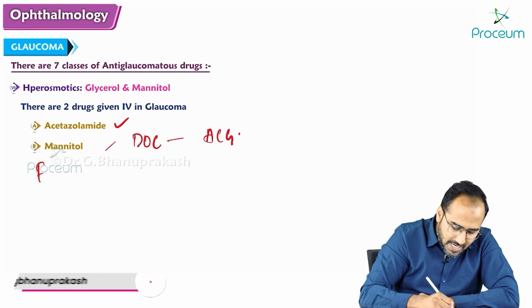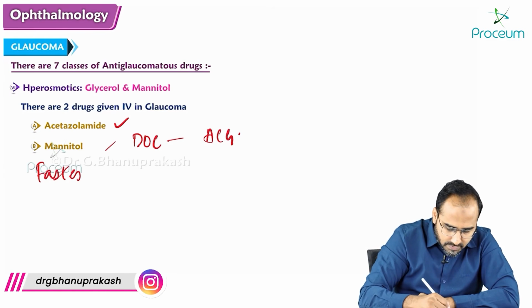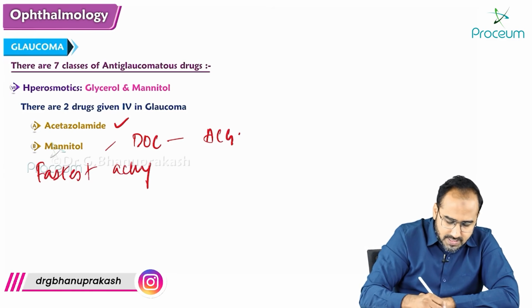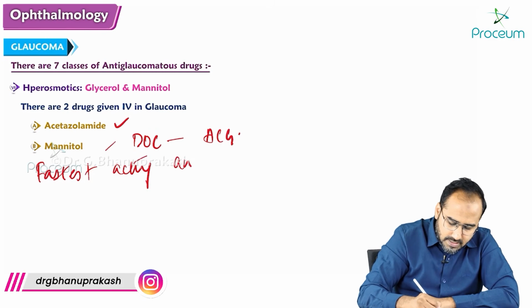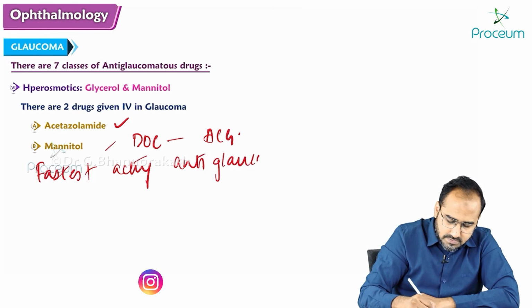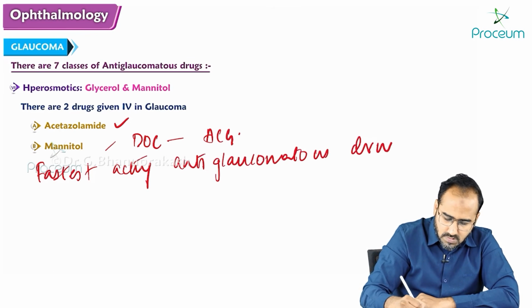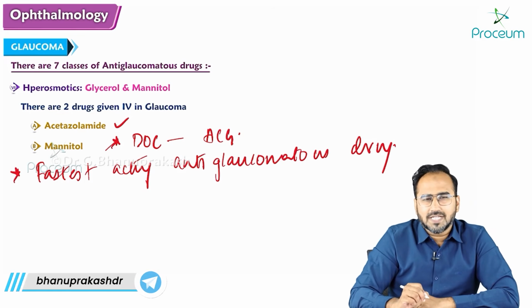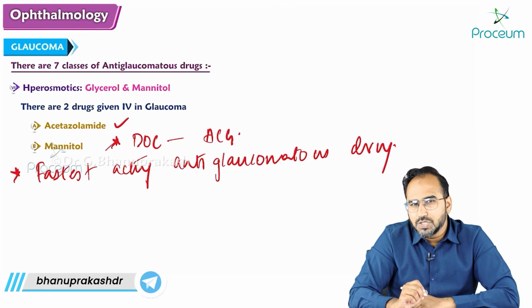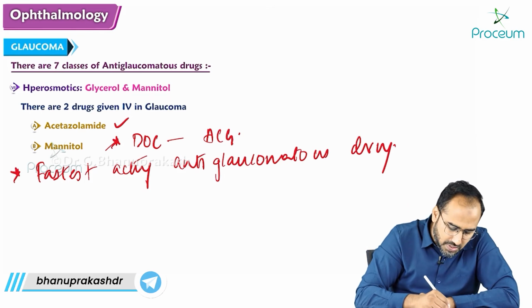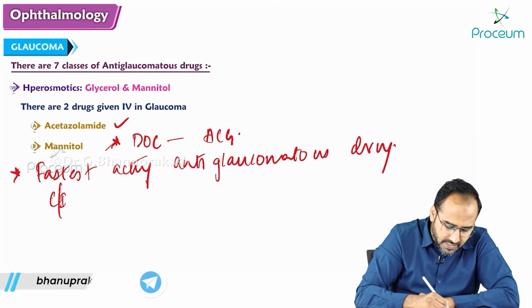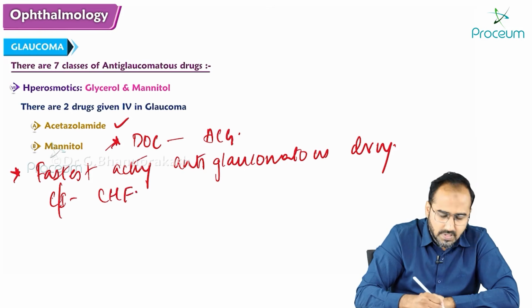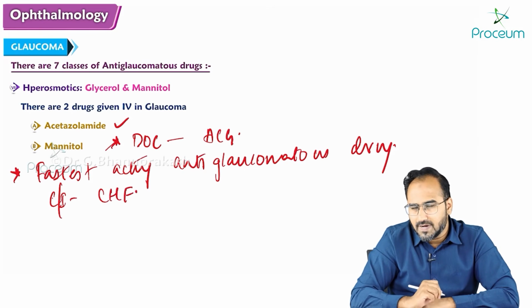It is the fastest acting anti-glaucomatous drug which is used in the management of glaucoma, but it is contraindicated in patients who are suffering with congestive heart failure. Contraindicated in congestive heart failure.